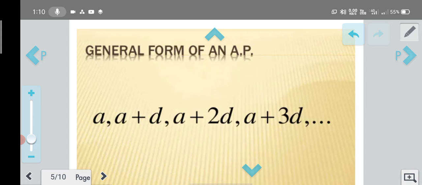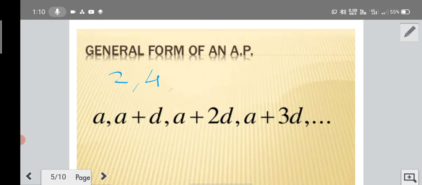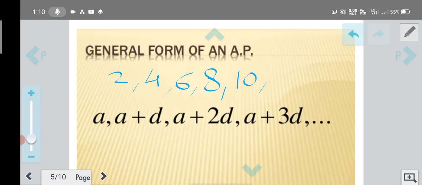A means the first term and D means the common difference. Suppose I have a sequence 2, 4, 6, 8, 10 and so on. So here A is 2 and the common difference D is also 2. 4 minus 2 is 2, 6 minus 4 is also 2, 8 minus 6 is also 2, 10 minus 8 is also 2.